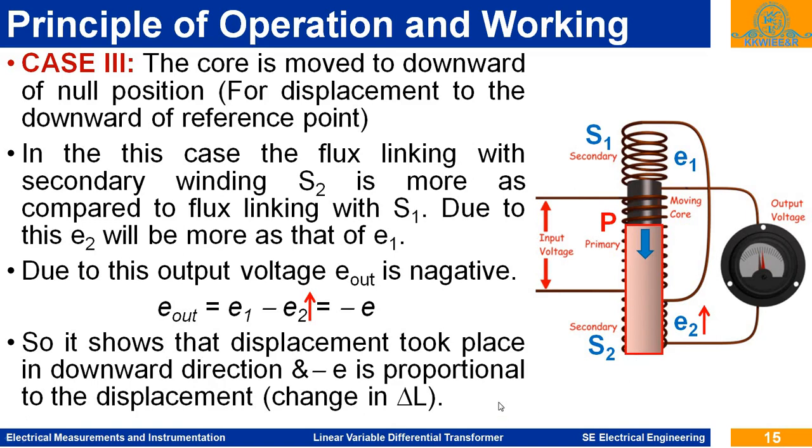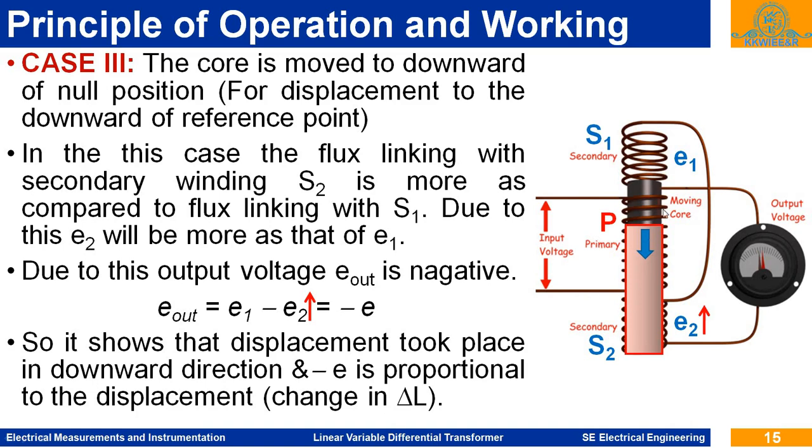So in this way, when this plunger changes its position, the flux linkage will change, and depending on the EMF induced in S1 and S2, that will depend on the movement of this iron core.